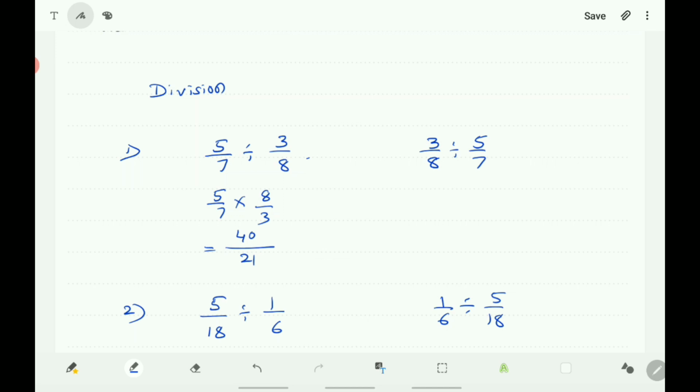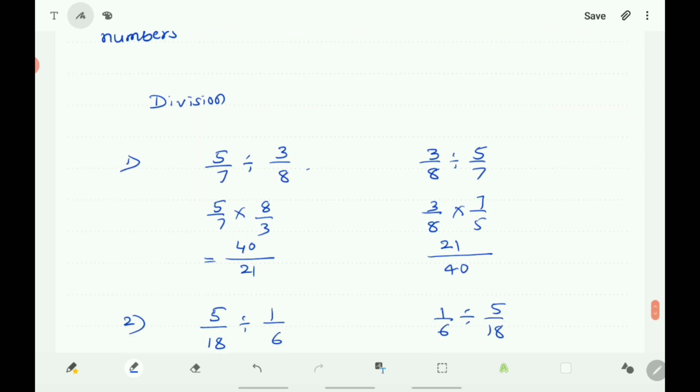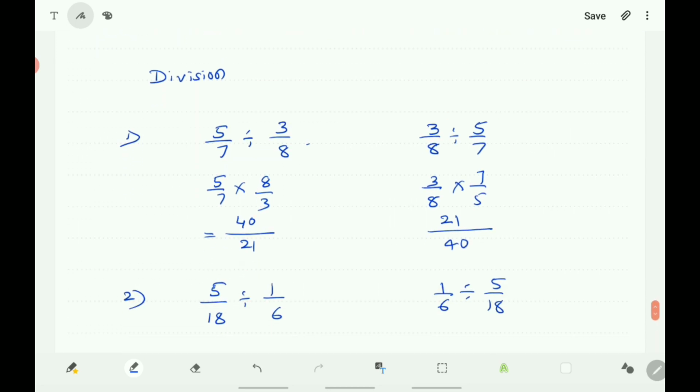Here we have to divide 3 by 8 by 5 by 7, and here it becomes 3 by 8 into 7 by 5, and again the product becomes 21 by 40. And you know that 40 by 21 is not equal to 21 by 40. Therefore, 5 by 7 divided by 3 by 8 is not equal to 3 by 8 divided by 5 by 7.